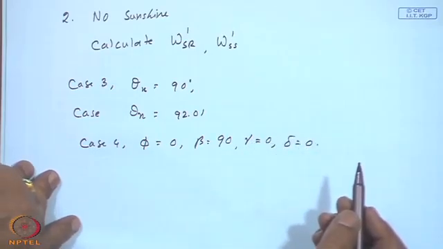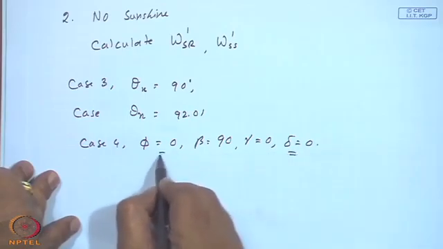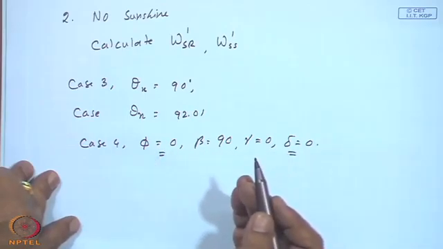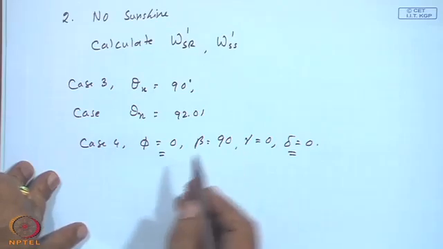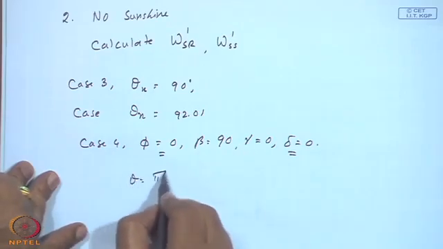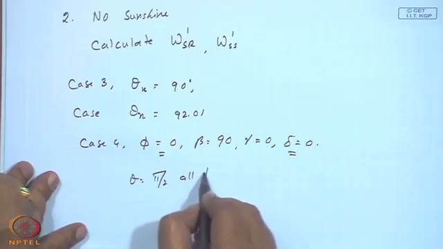So, it is a vertical surface, delta 0, phi equal to 0. So, theta should be equal to pi by 2 at solar noon time, like in case number 3, but since it is the equator, theta is equal to pi by 2 all the time.